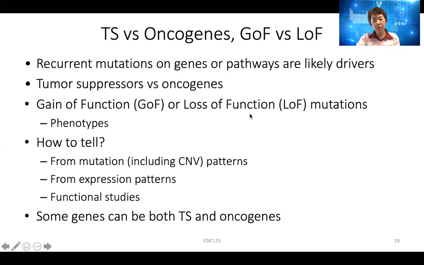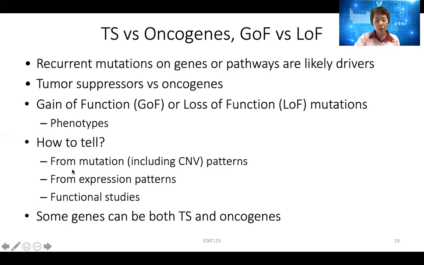A loss of function mutation instead is when a gene that is normally expressed to suppress the cancer from uncontrollable growth is suddenly lost, and then the cell can keep growing. So from the mutation, how can you see whether something is a gain of function or loss of function mutation?